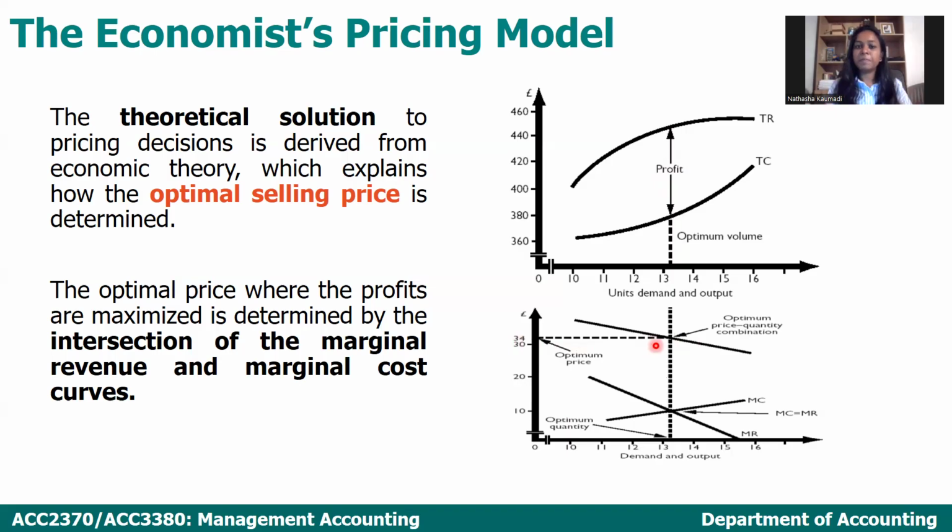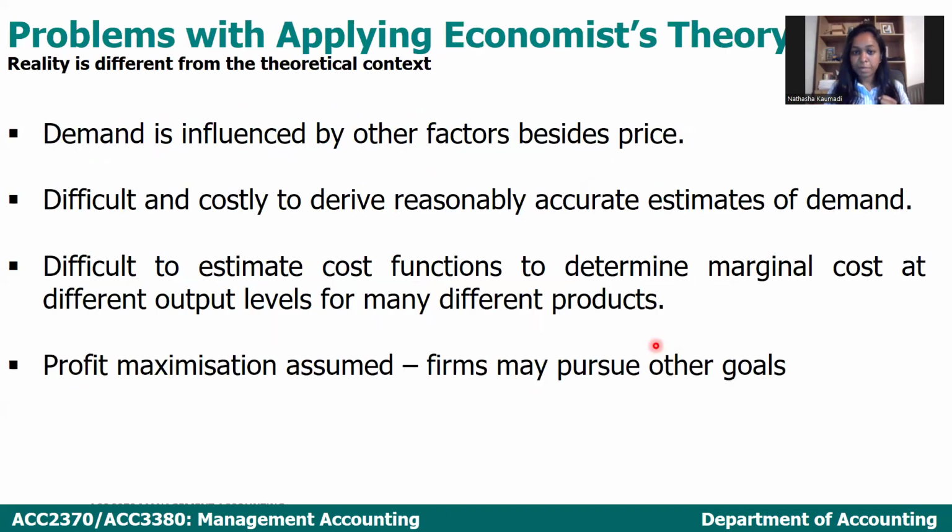So the optimal price is always where the marginal revenue and marginal cost are equal. There you can maximize the profits, right? So this is the theoretical solution given by economics, right? Remember that one as well. Now we are talking about the problems. Now you understood the meaning of economics theory for pricing. Now we are discussing the limitations of this theory.